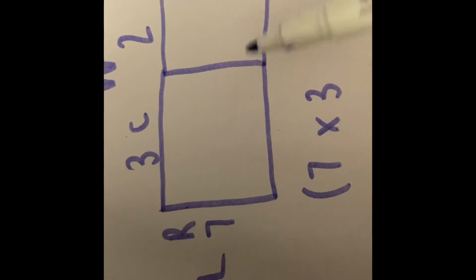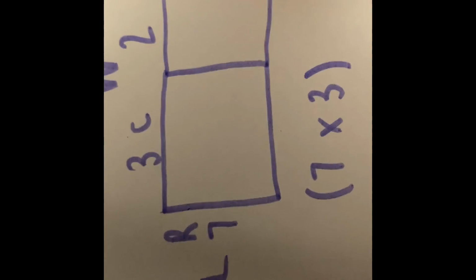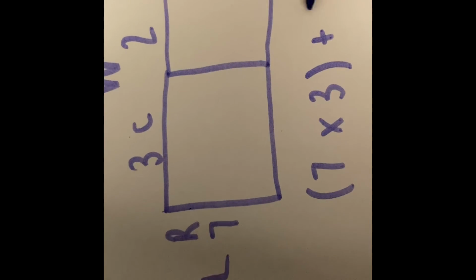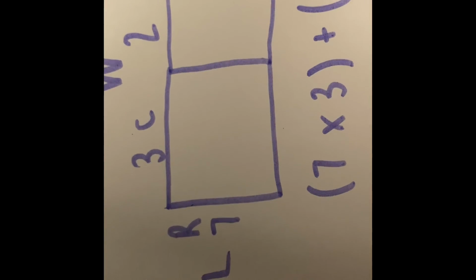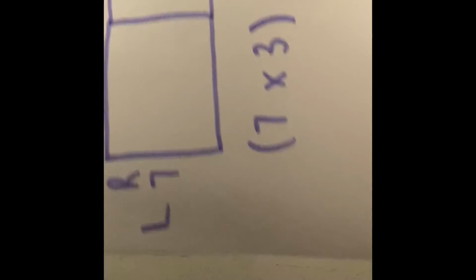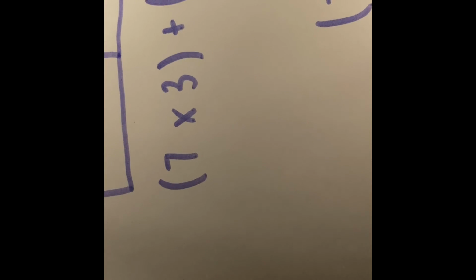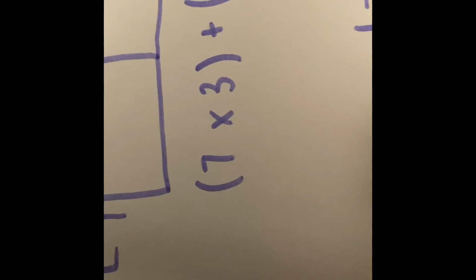So to find the area inside of this array, you can use a partial product equation. 7 times 3 plus 7 times 2 equals 7 times 5.